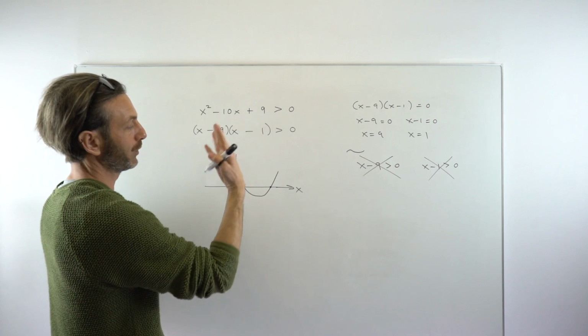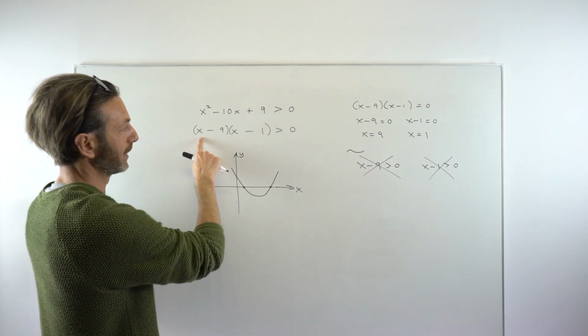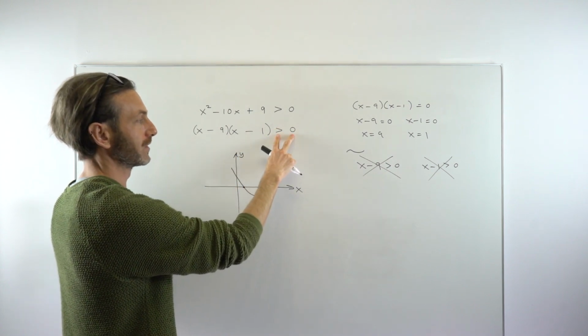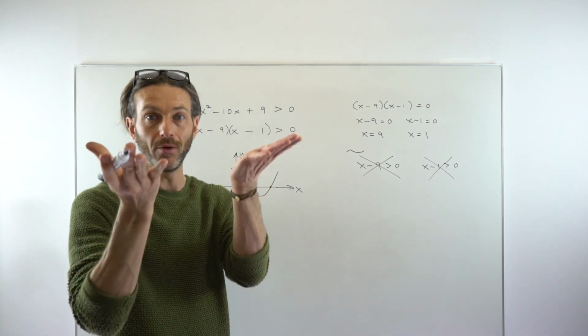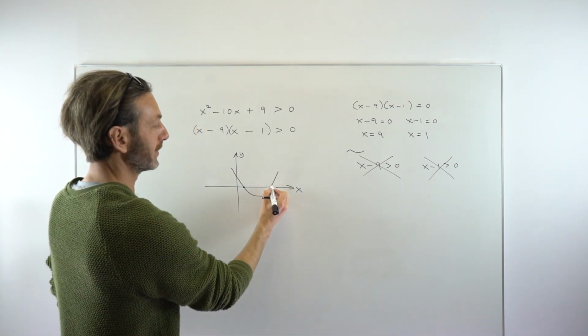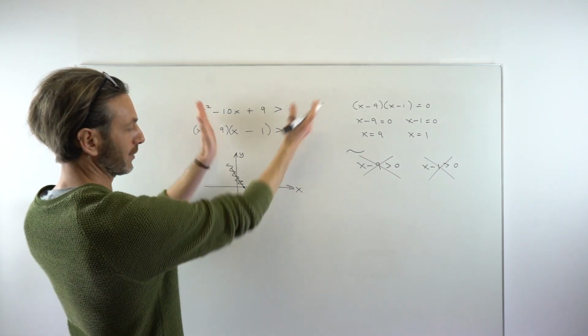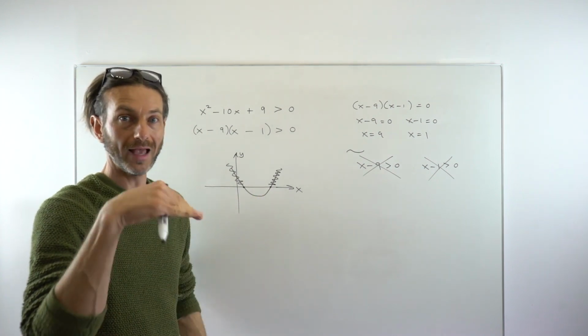Now, why do we use the graph? Well, this is saying our quadratic, our parabola, has to be greater than 0. Greater than 0, positive, means a part of the graph above the x-axis. In other words, this part of the graph here and this part here, which carries on forever, but not this part here, because that part is below 0, less than 0.